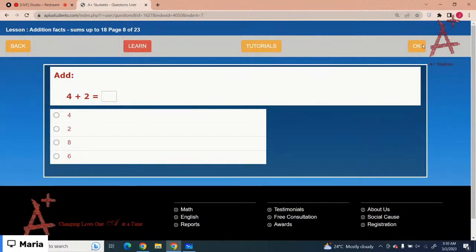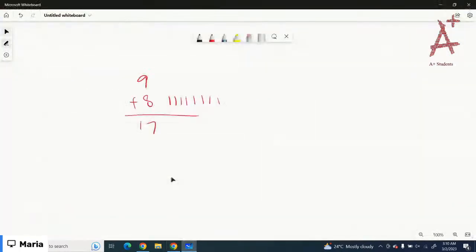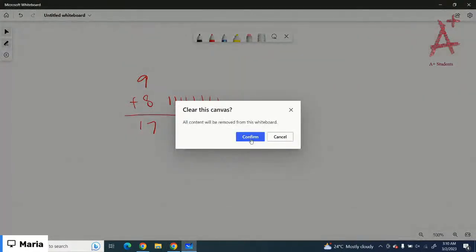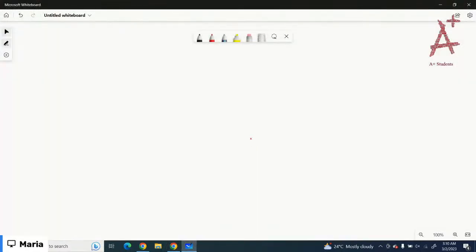Okay, the next one is 4 plus 2. So start with 4 and count up 2: 4, 5, 6. So 4 plus 2 makes 6.